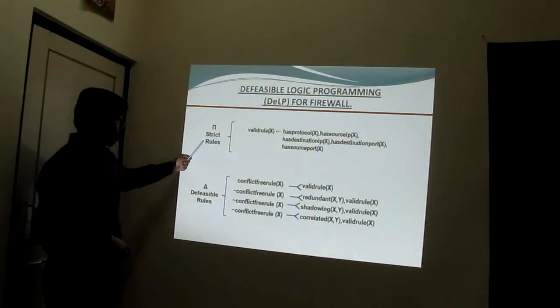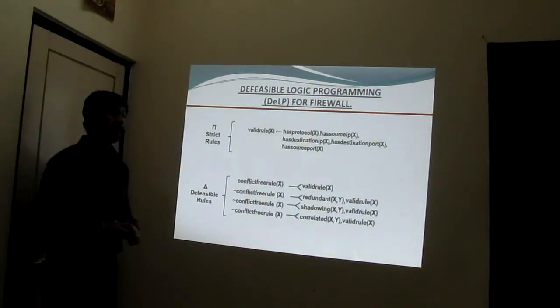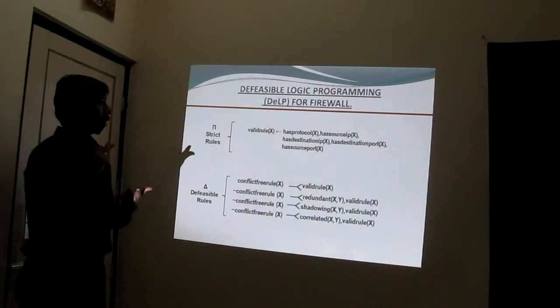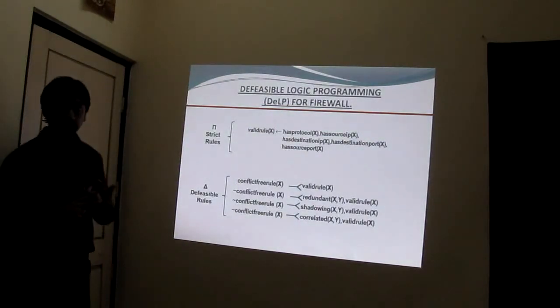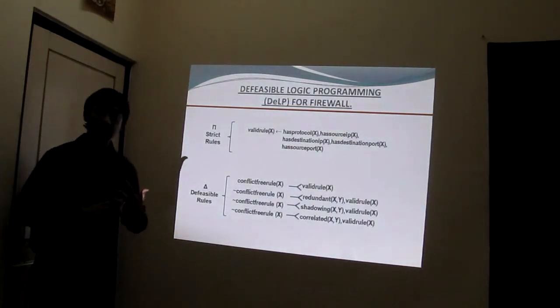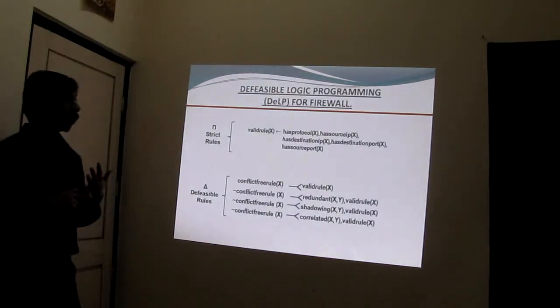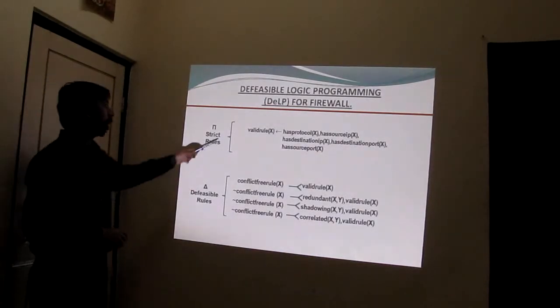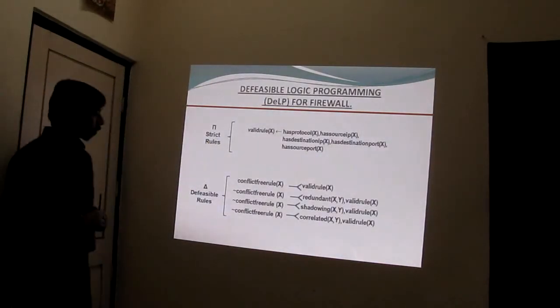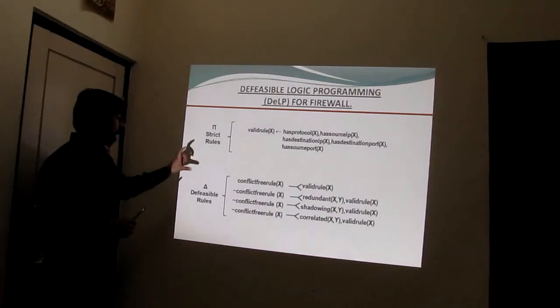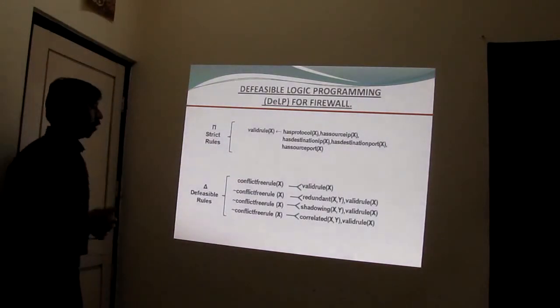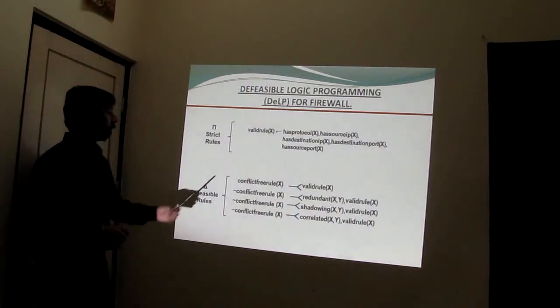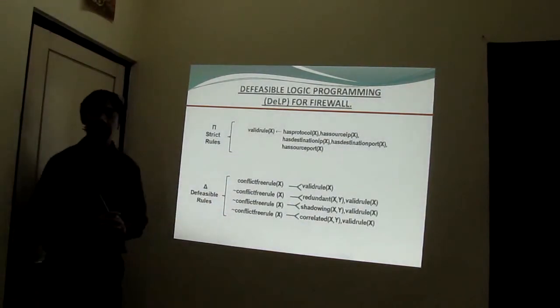So this is a strict rule. A strict rule states that if the rule has a valid protocol, source IP address, destination IP address, source port, and destination port, then definitely it will be a valid rule. So no one can contradict this statement. And we have a few defeasible rules. Initially we will say that any valid rule is a conflict-free rule.